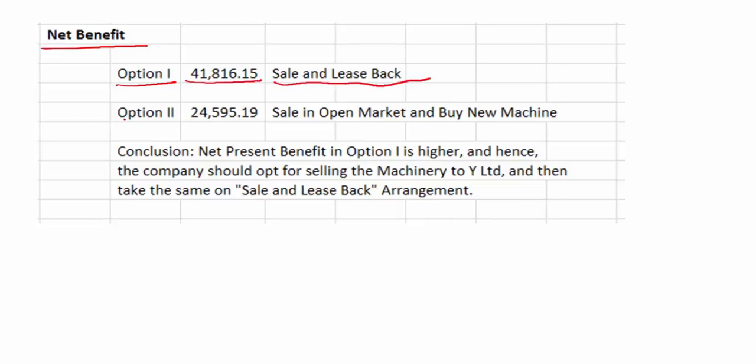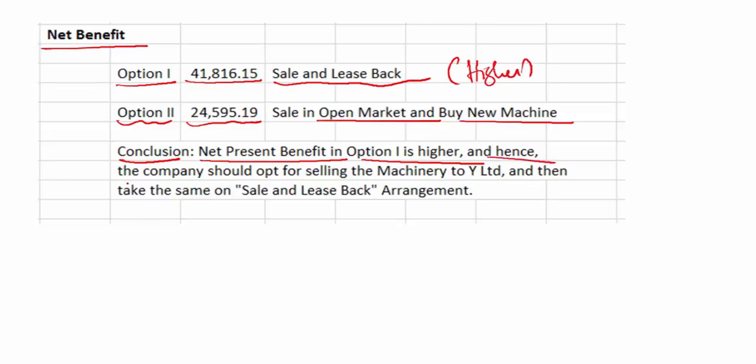But if you go for selling in the open market and buying a new machine, your net benefit is only 24,595. So the conclusion is the net present benefit in option 1 is higher, and hence the company should opt for selling the machinery to Y Limited and take the same on a sale and lease back arrangement.